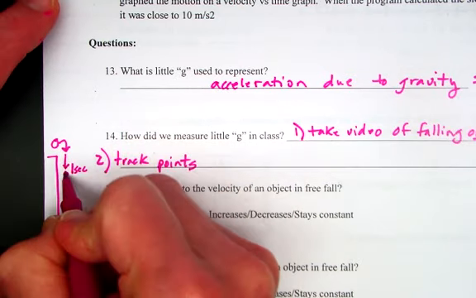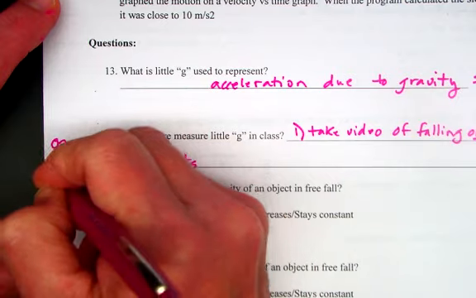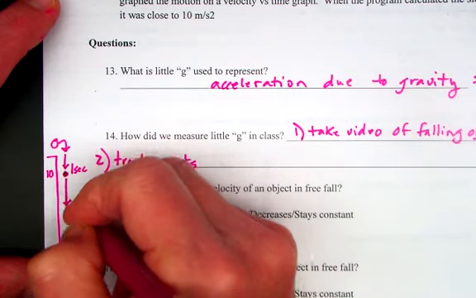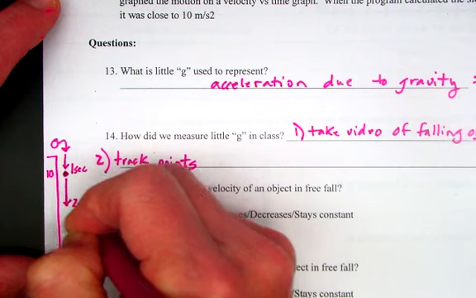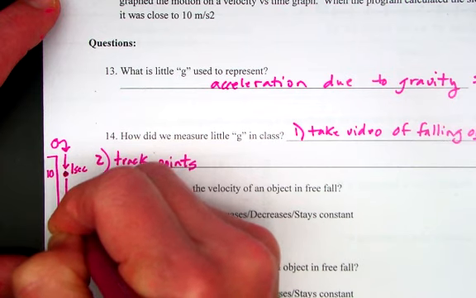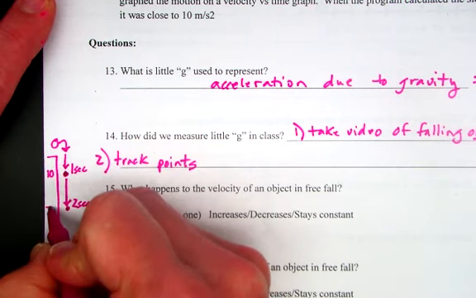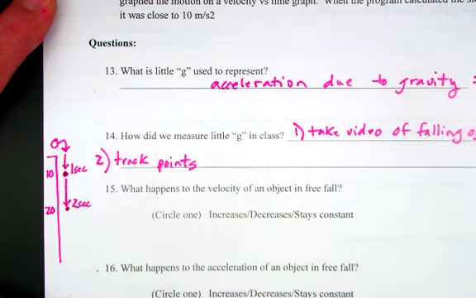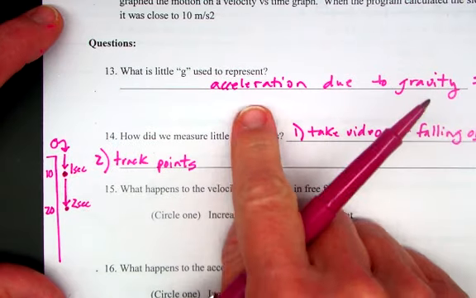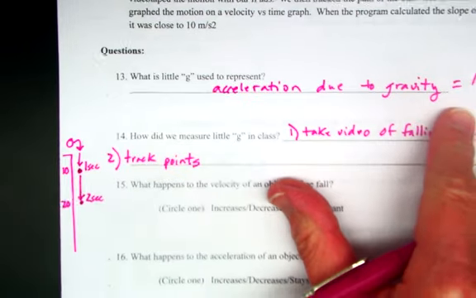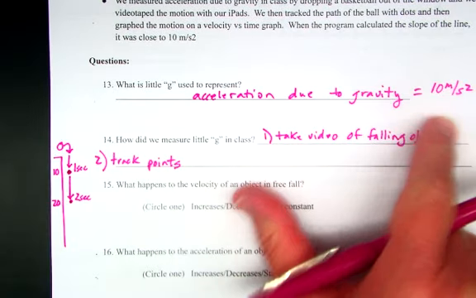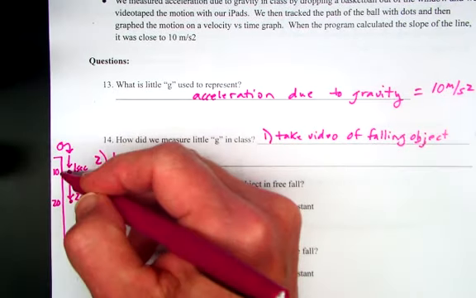Because at that 1 second point, it's actually going 10 meters per second. After 2 seconds, the ball is going to be here now, and it will be going 20 meters per second. Because that's what this means: when things accelerate due to gravity at a rate of 10 meters per second every second, it's going faster by 10.